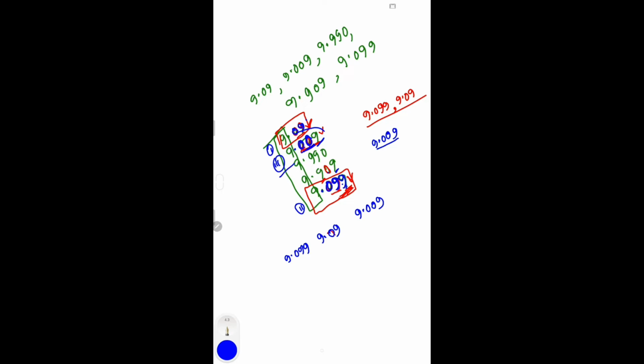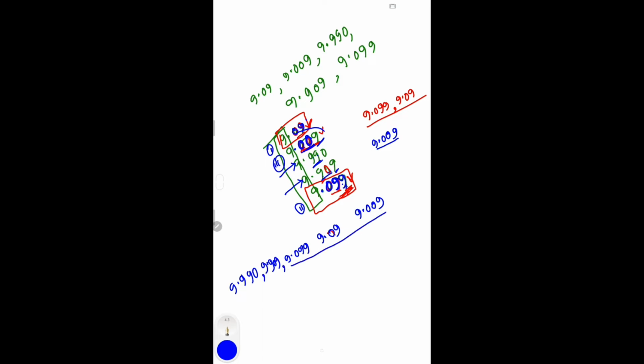Now the two numbers here and here have 99 after the decimal and 90 after the decimal. So 90 is smaller than 99. So 9.990 is the biggest number, and then 9.909, and then these three.